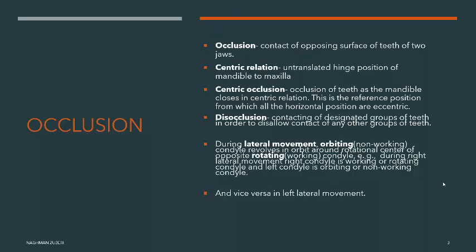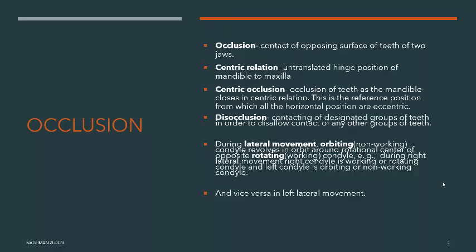Disocclusion, or in some of the papers you will see disclusion, is the same thing. It is the contacting of designated groups of teeth in order to disallow contacts of any other groups of teeth. During lateral movement, the orbiting condyle is the non-working condyle.